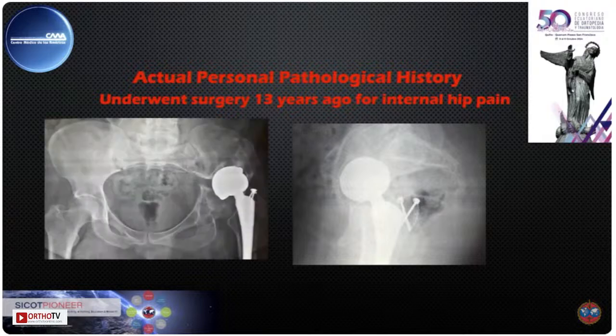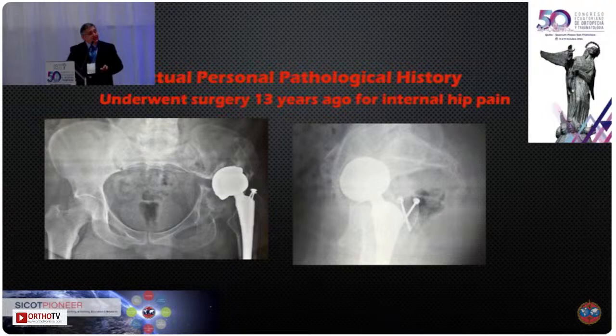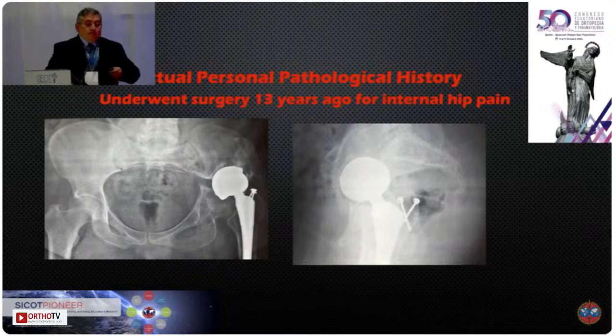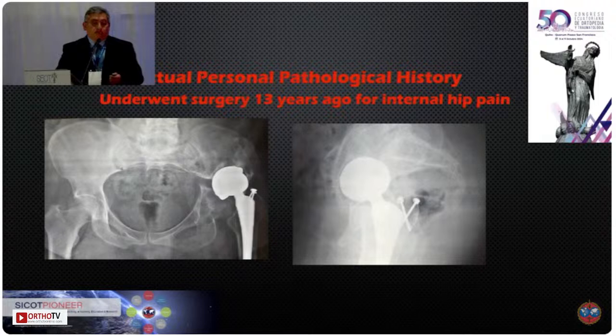I think that wasn't a good decision because these kinds of devices are a metal-on-metal couple, and female cases are not a good indication. However, the patient could work, I think, 6 or 7 years without pain.